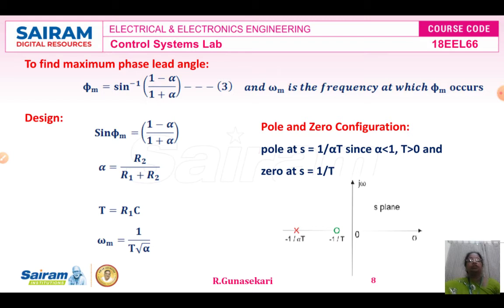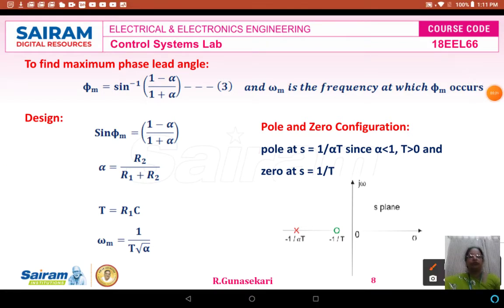The next is the pole-zero configuration. In the pole-zero configuration of the lead compensating network, the pole is S equal to 1 by alpha T, since alpha is less than 1 and T is greater than 0, and the zero is S equal to 1 by T. The cross mark is the indication of the pole, and the circle is the indication of the zero.